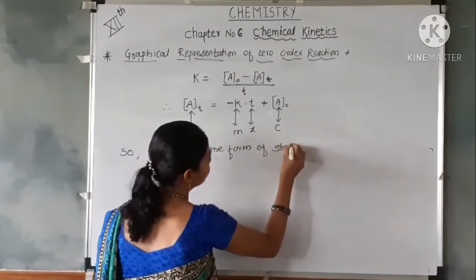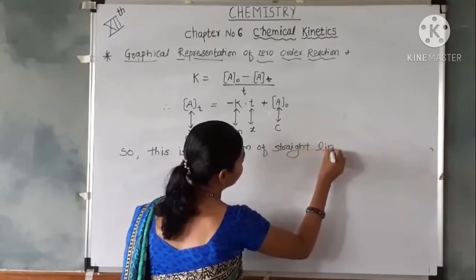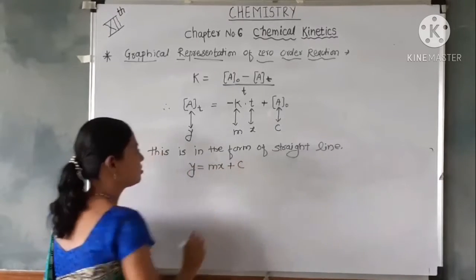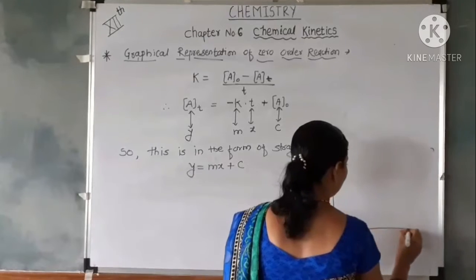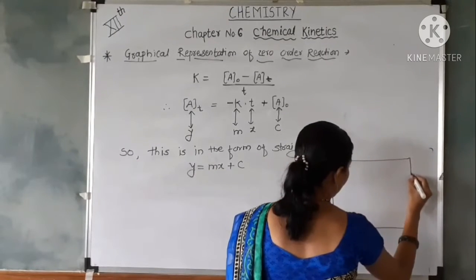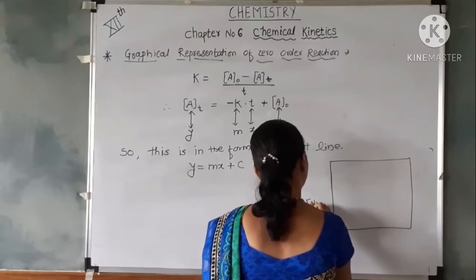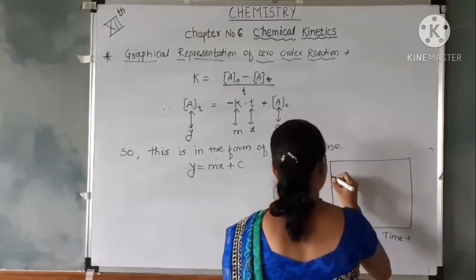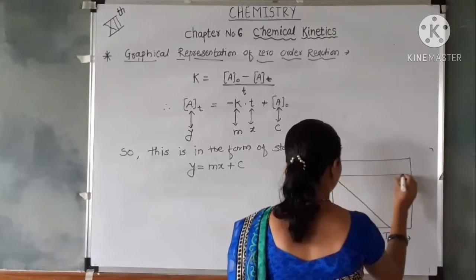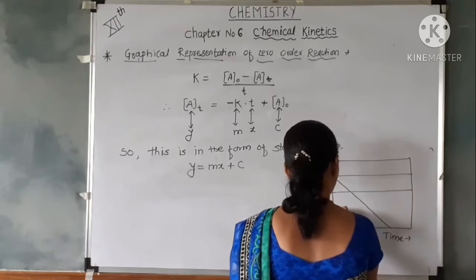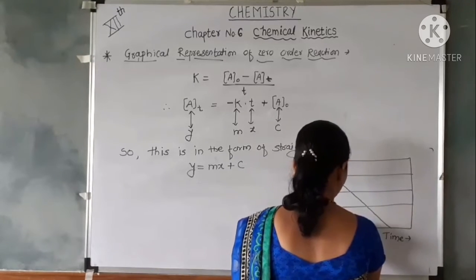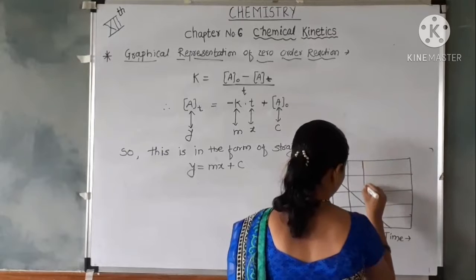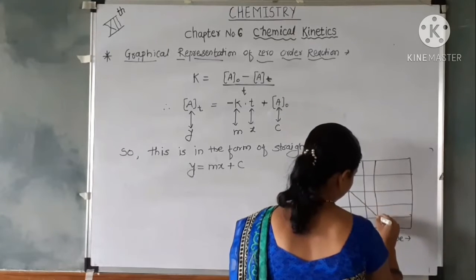The graph of [A]t, the final concentration, versus time looks like a straight line having the equation y equals mx plus c. This is the equation of a straight line.